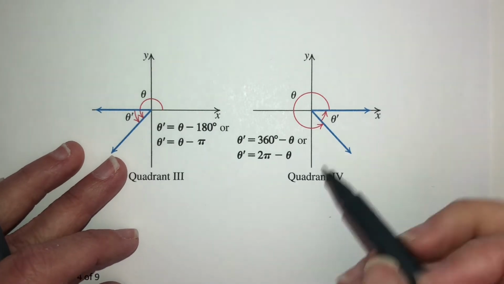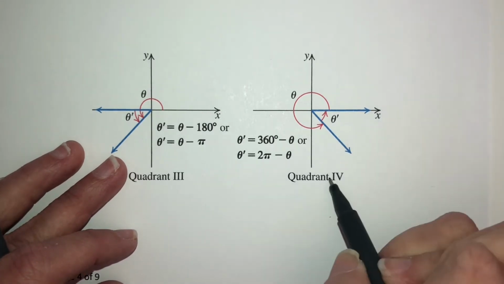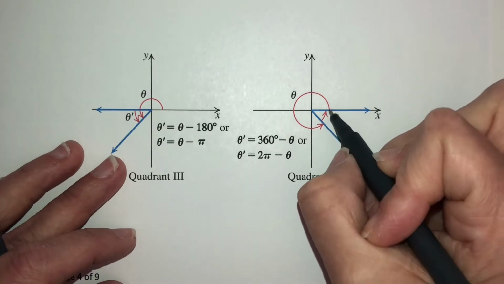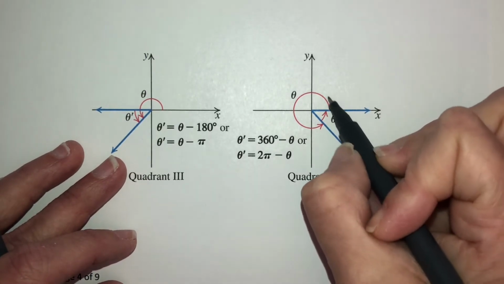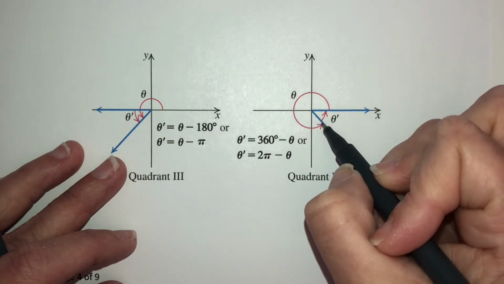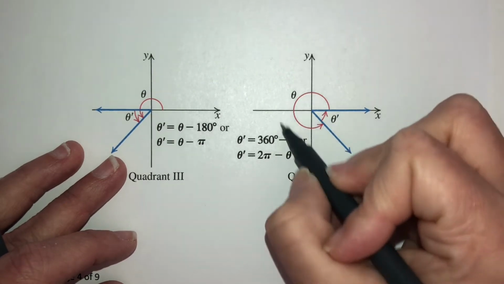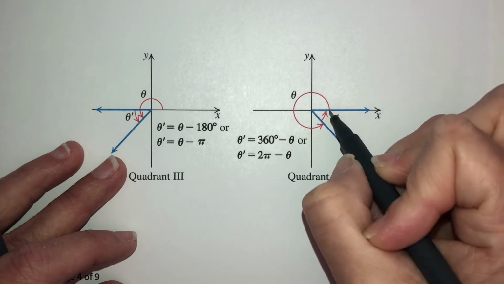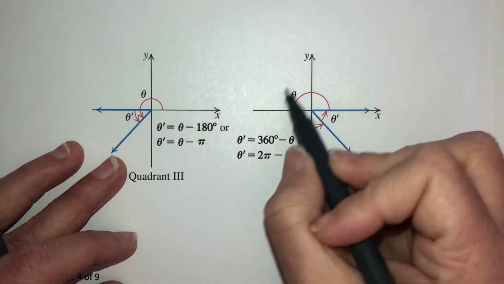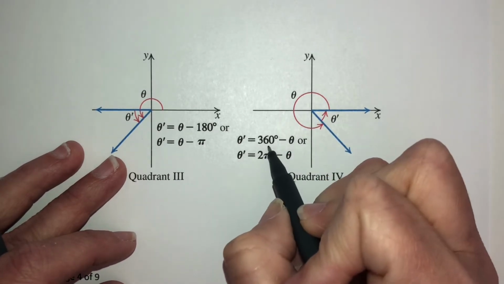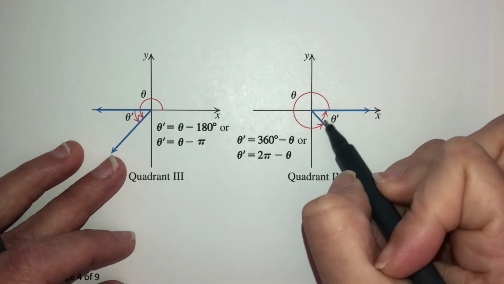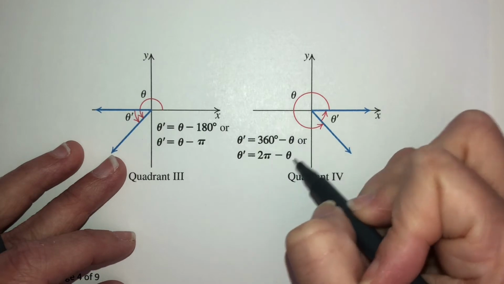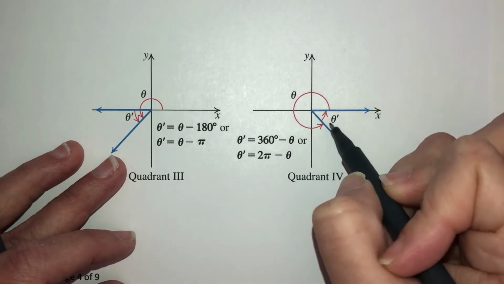Okay? Now, if we are in quadrant 4, our reference angle is right here. To calculate this, remember, this angle is a smaller value than going all the way around. If we went all the way around, it would be 360 degrees or 2 pi radians. So to calculate this, we subtract off the theta we are interested in.